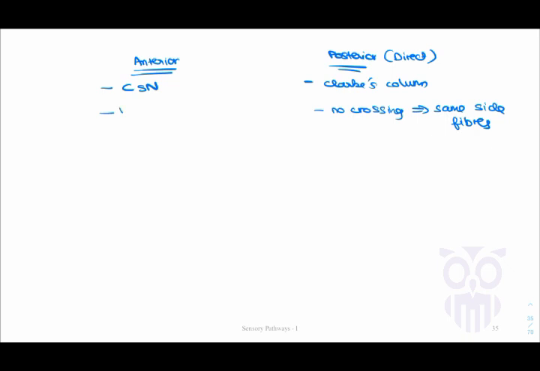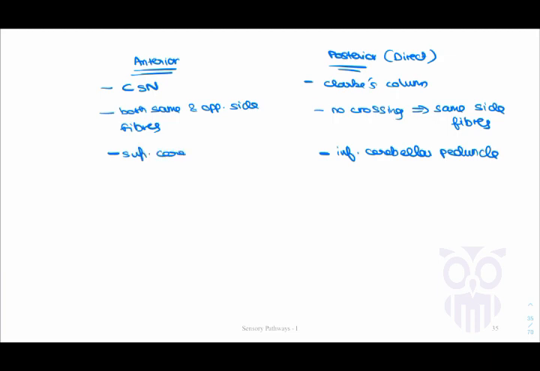So it carries both same and opposite side fibers. The posterior goes through the inferior cerebellar peduncle, but the anterior goes to the superior cerebellar peduncle.